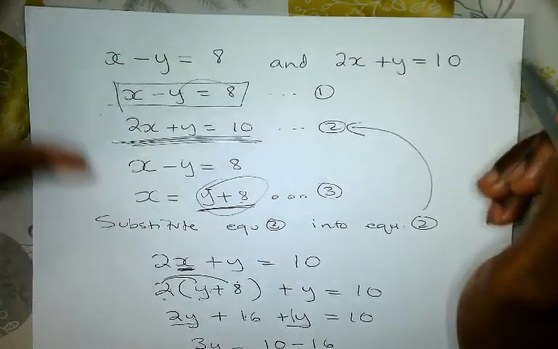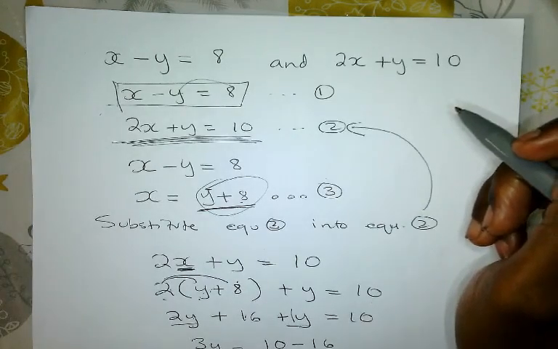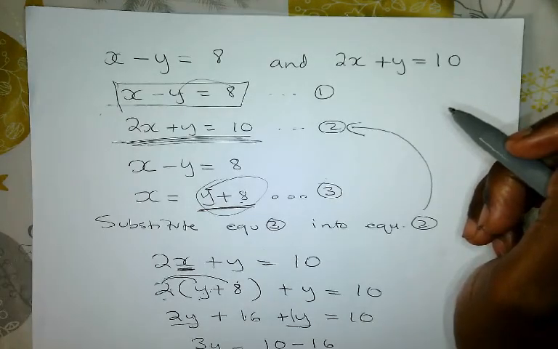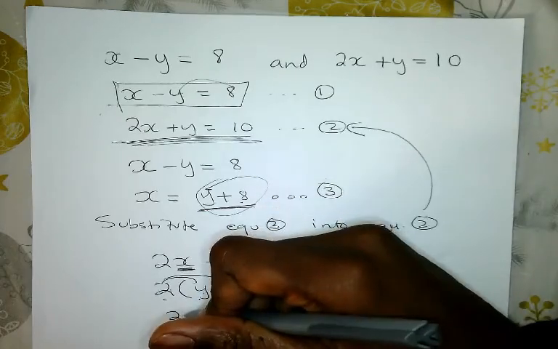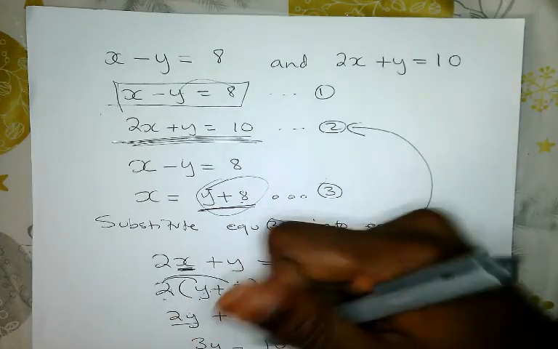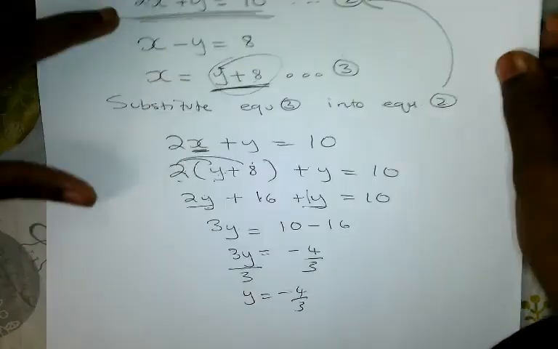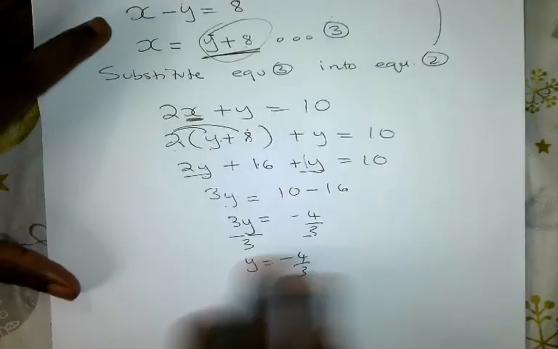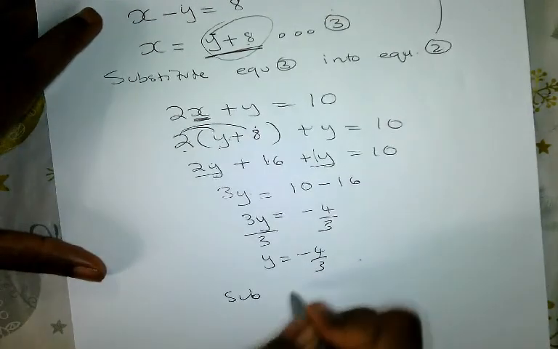2y and 16. y and y gives me that. 16 gives me that. Okay, that's my answer then. Then let's find, I'm going to take this equation, substitute the value of y into x, into equation 3 to get the value of x.